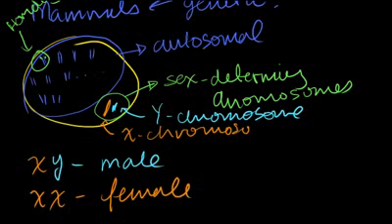There's almost a trivially easy Punnett square, but it kind of shows what all of the different possibilities are. So let's say this is your mom's genotype for her sex-determining chromosomes. She's got 2 X's. That's what makes her your mom and not your dad. And then your dad has an X and a capital Y chromosome.